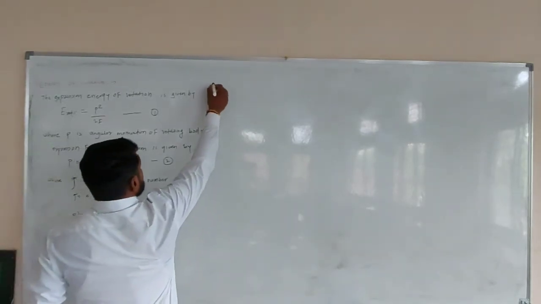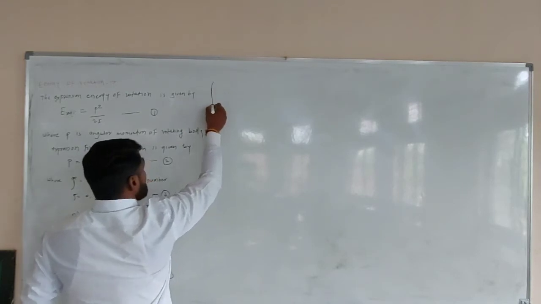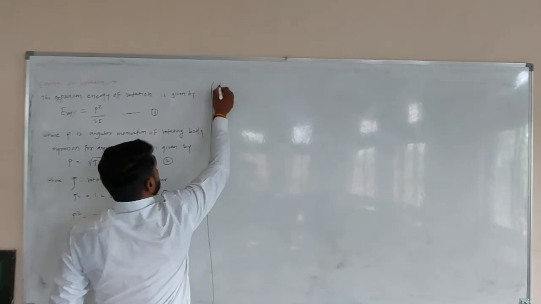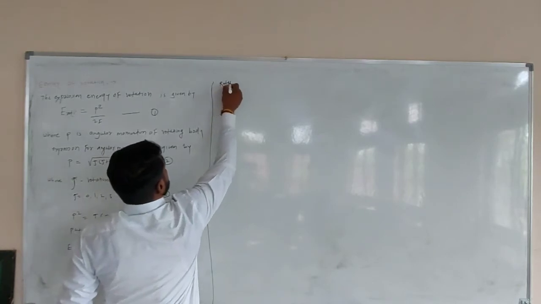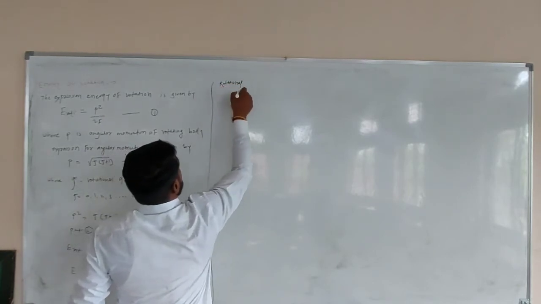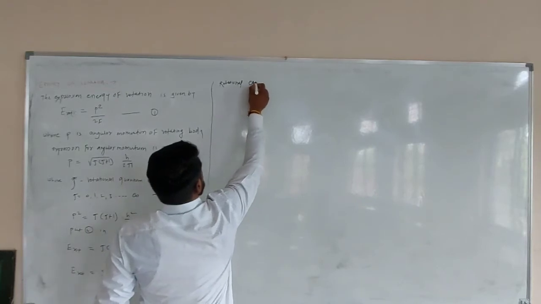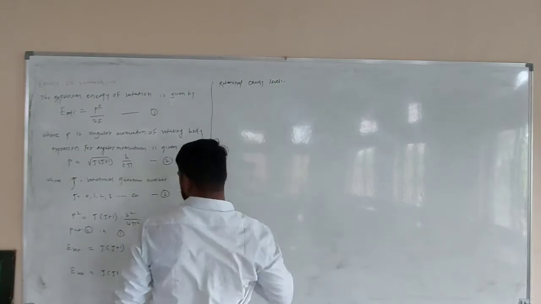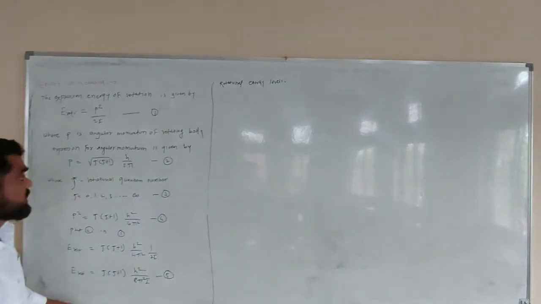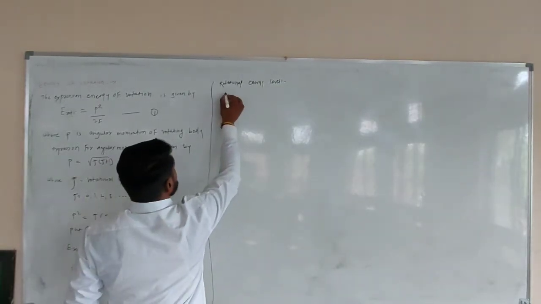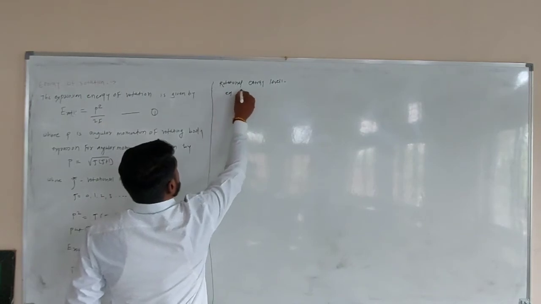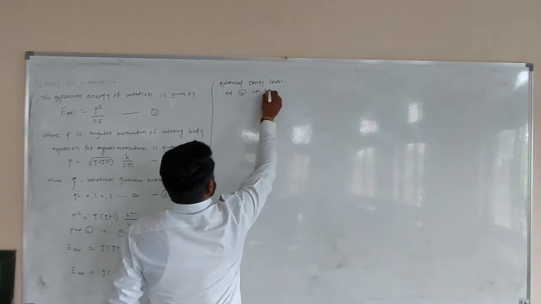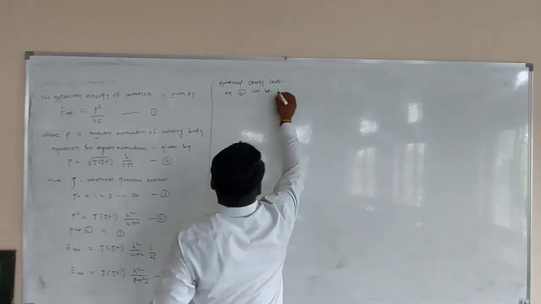Now, from this equation we can calculate the rotational energy levels. For rotational energy levels, equation 5 can be rearranged.